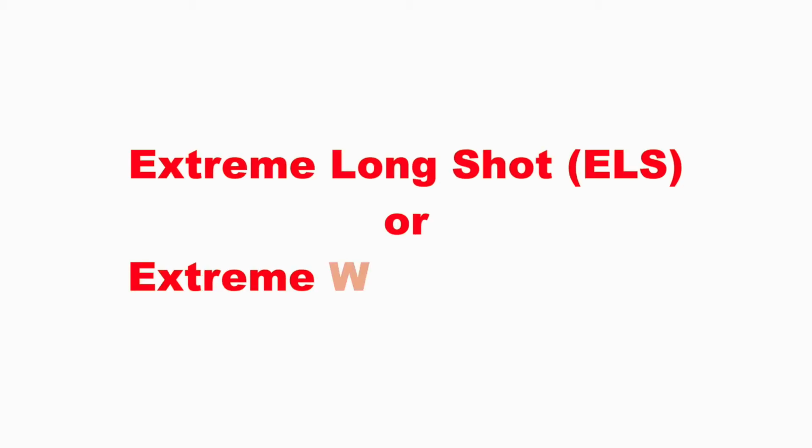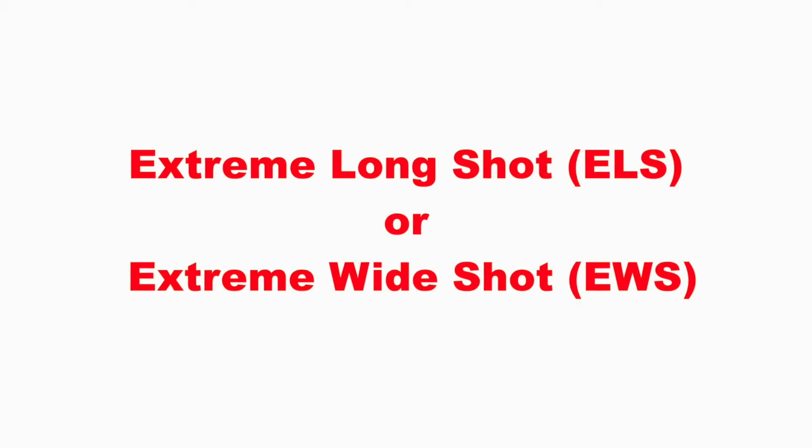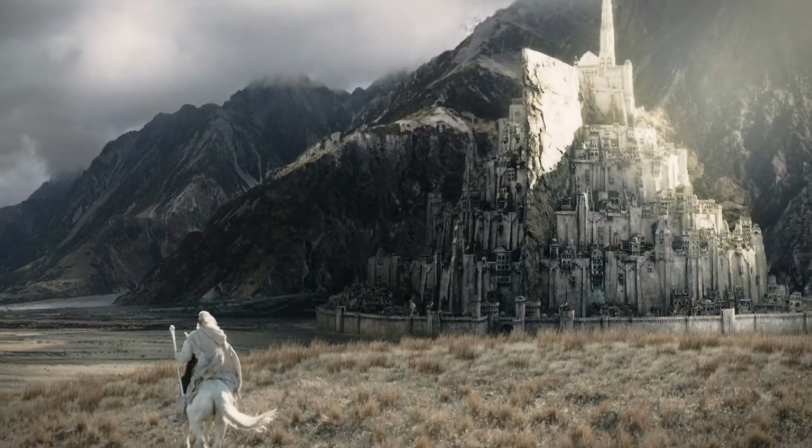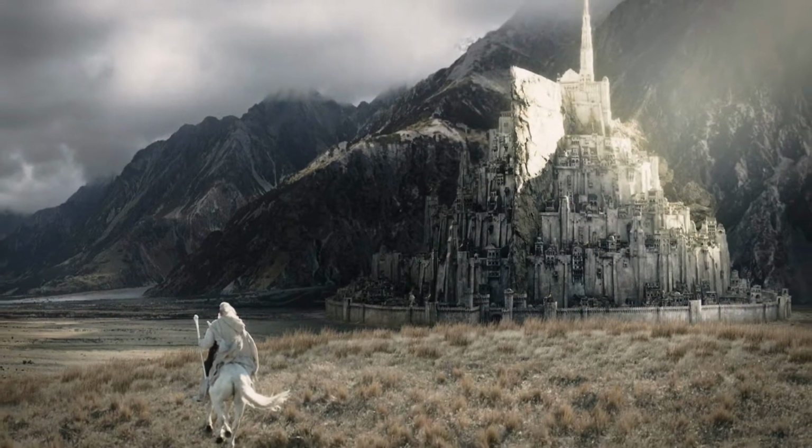Enough stalling. Camera shot number 1: extreme long shot or extreme wide shot, ELS or EWS on your shot list. An extreme wide shot shows your character extremely little, extremely small compared to the huge scene, the huge environment, the huge location that he's in.